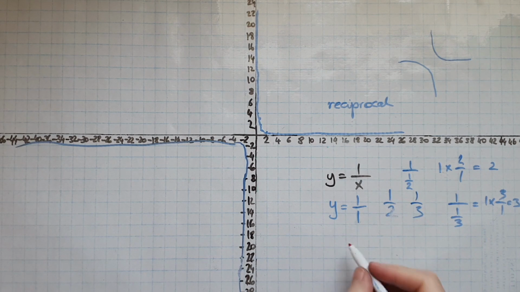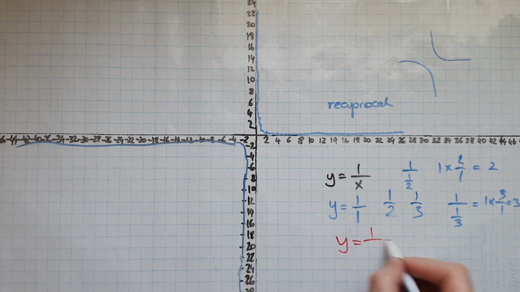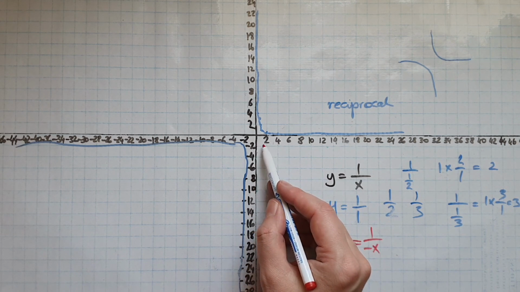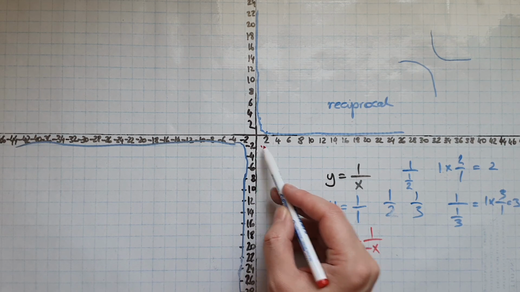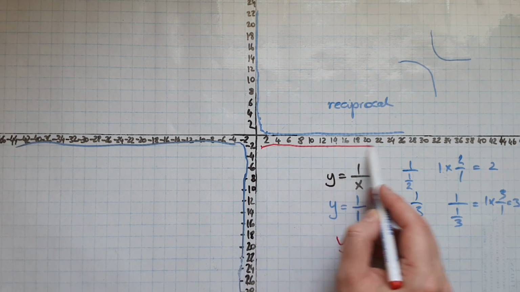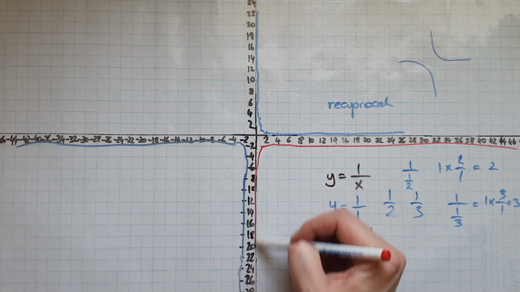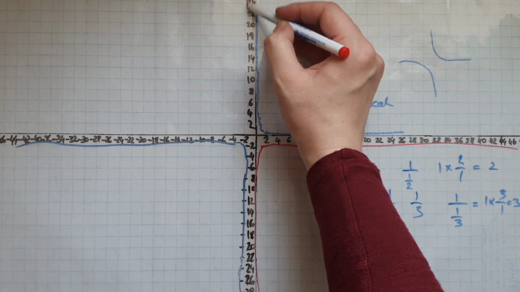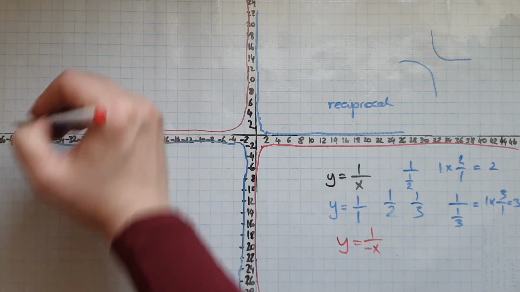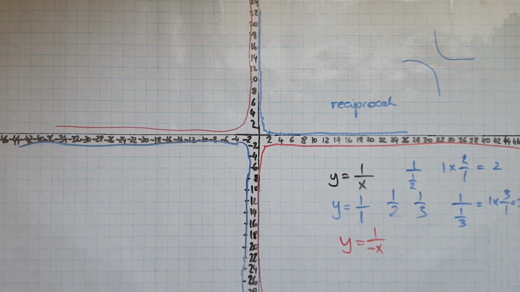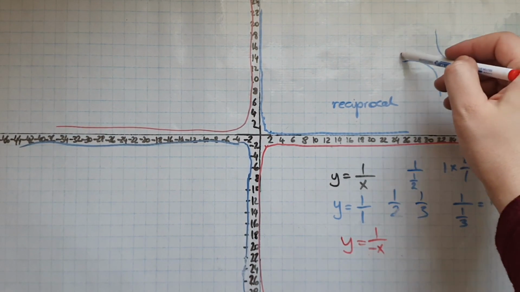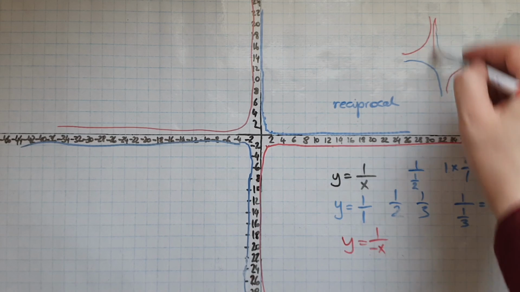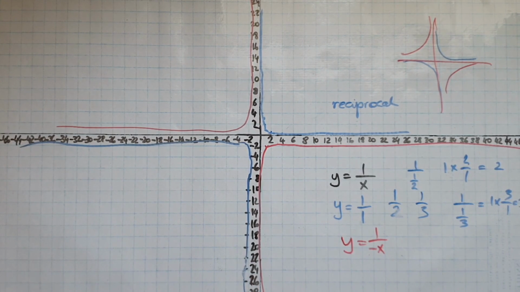When x is negative, so y equals 1 over negative x, then that would give us 1, -1. So this is going to be repeated over here and in this quadrant as well. So it can be this shape as well, where this is the axis.